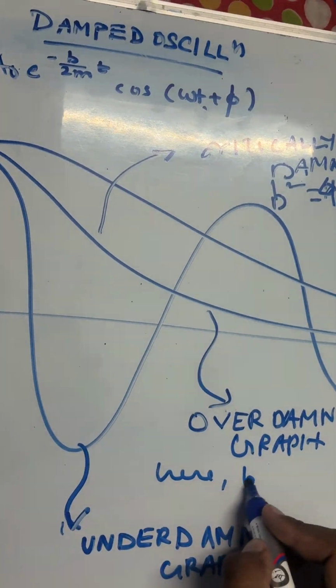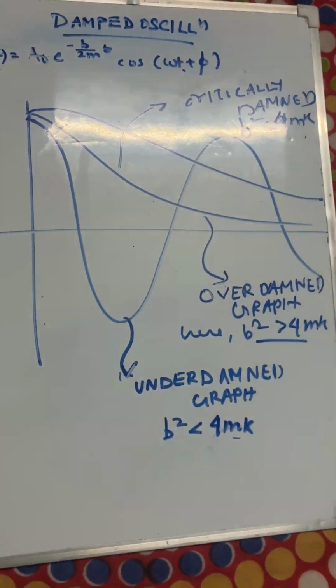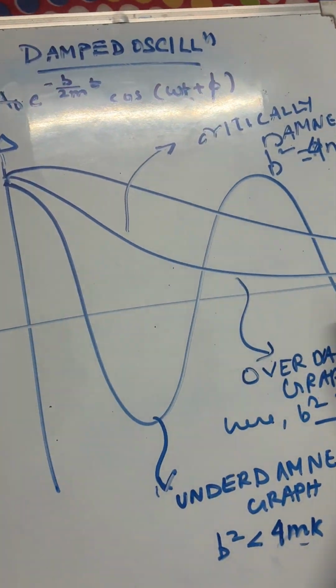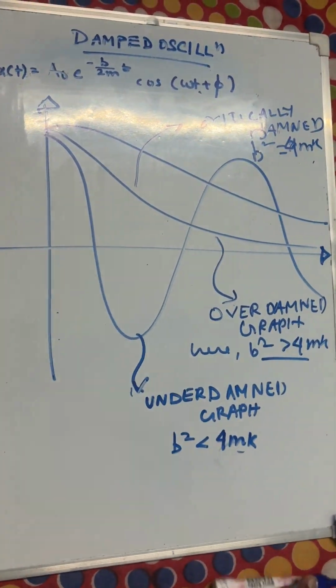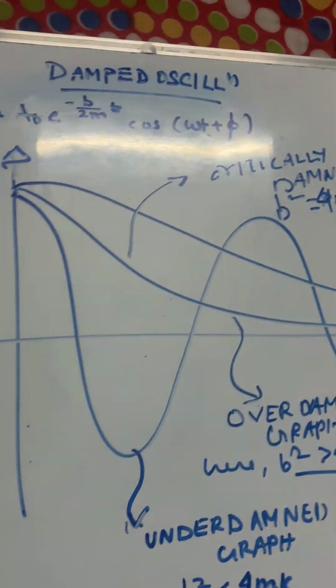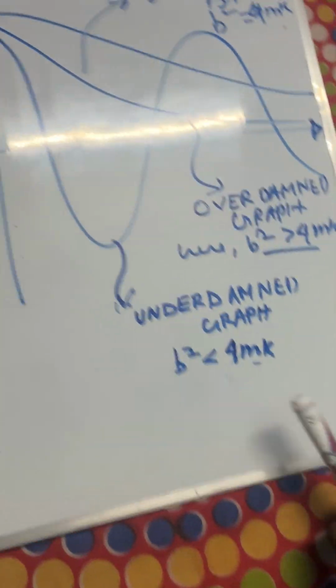Here b squared is greater than 4mk. So this is only the terminology. This much is only needed for the exam. Previous year questions have been asked on this, where they told you to draw the graphs, and this is the graph actually. One more thing I would like to say, and I'm writing it here.